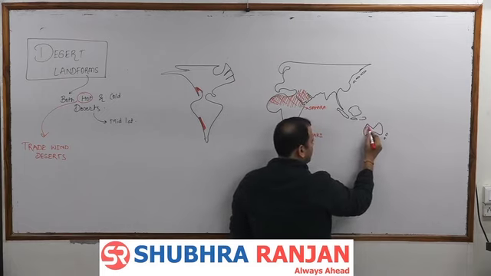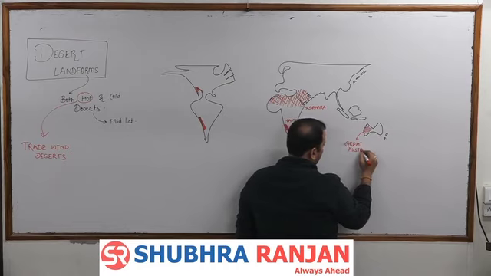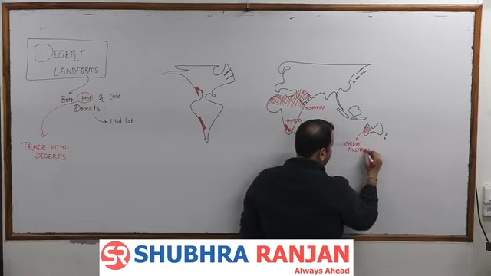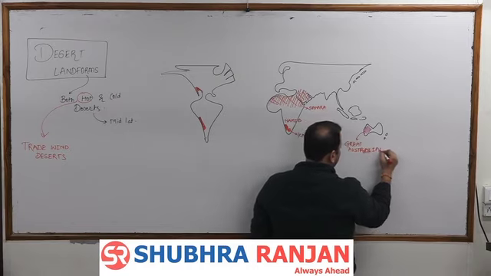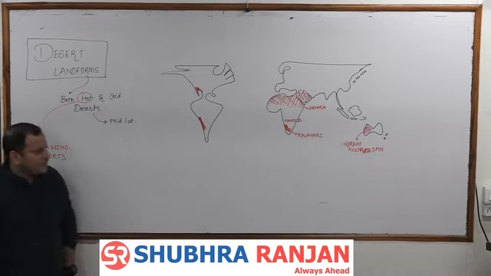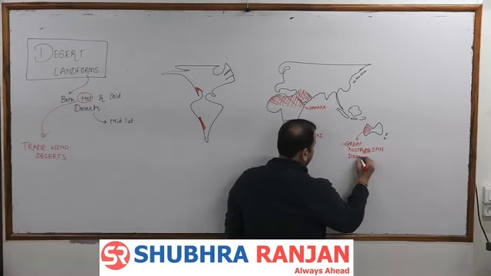And this is the West Australian desert or the Great Australian desert. If you can see from the diagram itself, the Great Australian Desert is the second largest hot desert of the world.